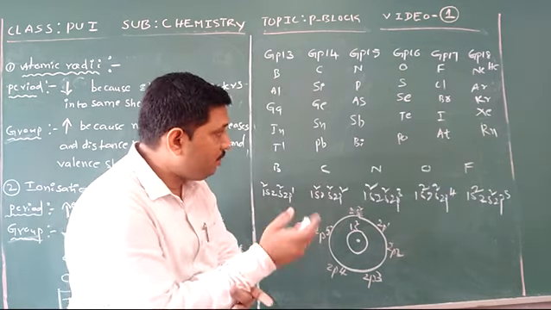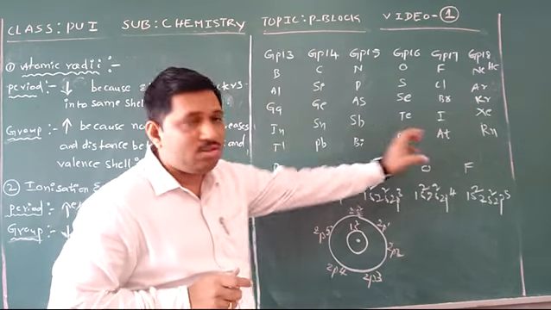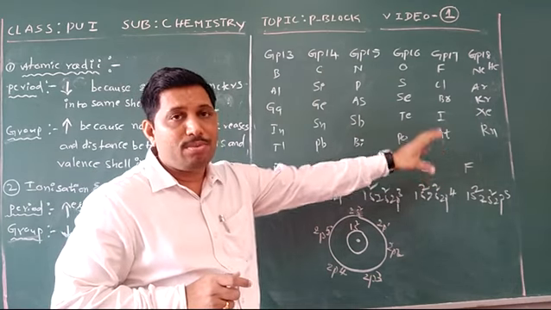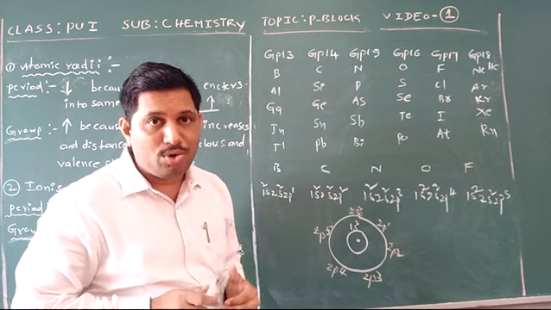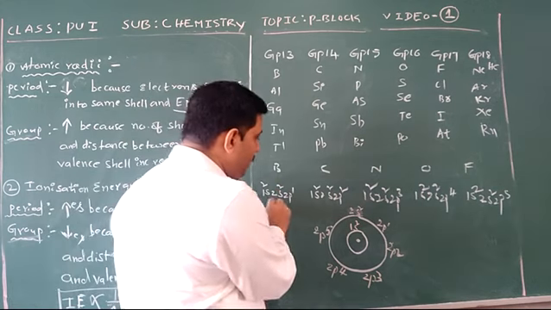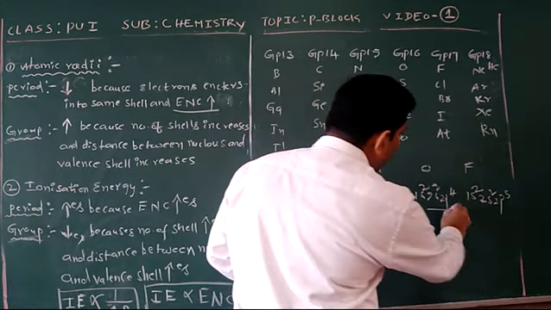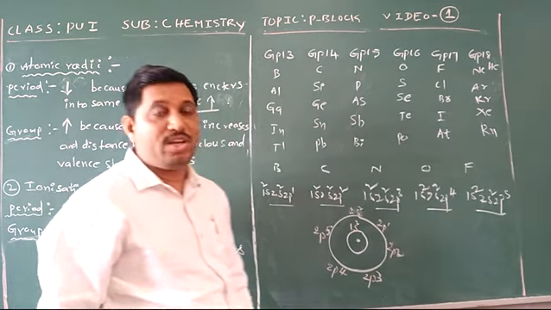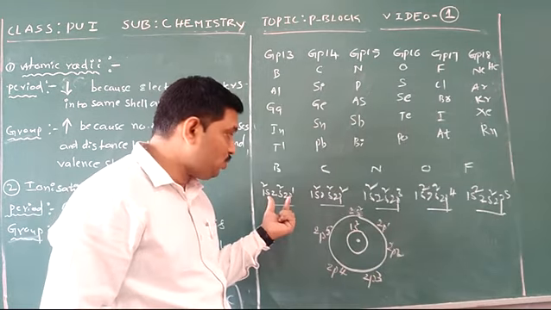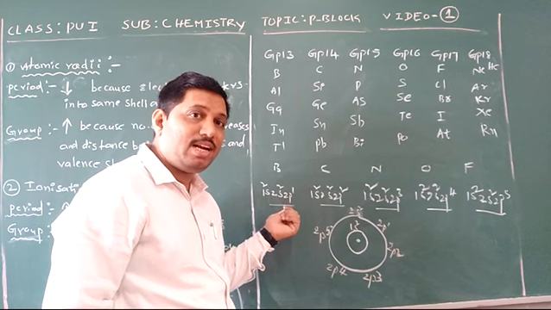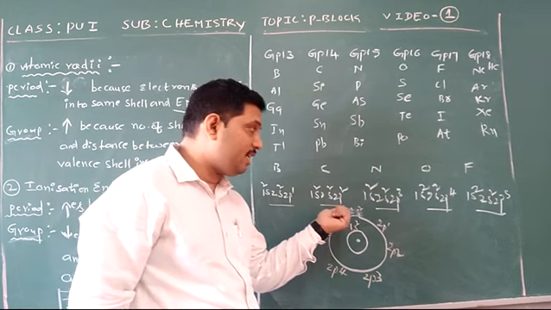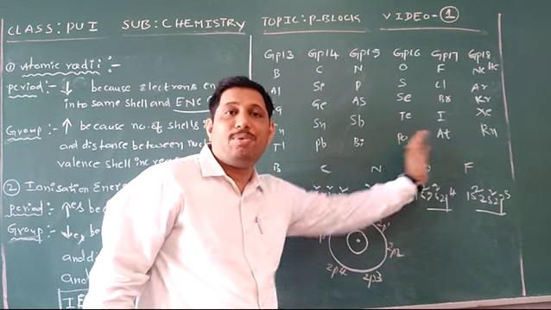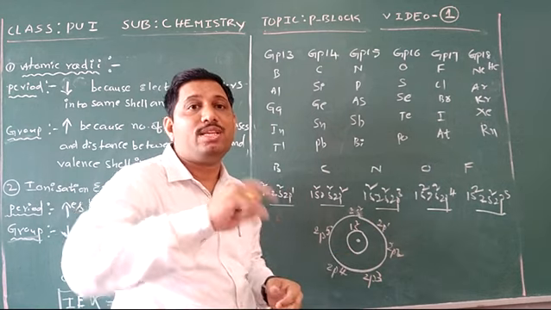Here you can observe, as we go from boron to fluorine, the electron enters into the same shell. That is the second shell. 1s2, 2s2, 2p1. The valence electron enters into the second shell. Across the period, the electron enters into the same shell.